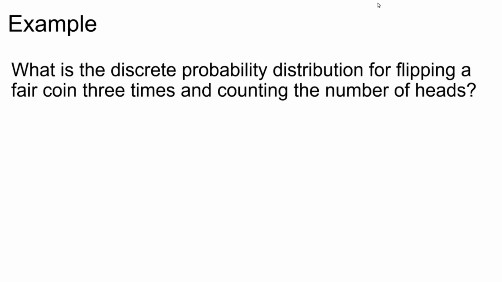How about if we flip a coin 3 times and count the number of heads? We could get all 3 heads, so here our sample space could be all heads. If we have 2 heads, we could get head, tail, head, tail, head, head, and head, head, tail.